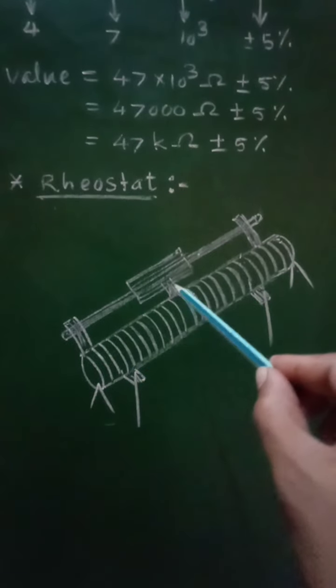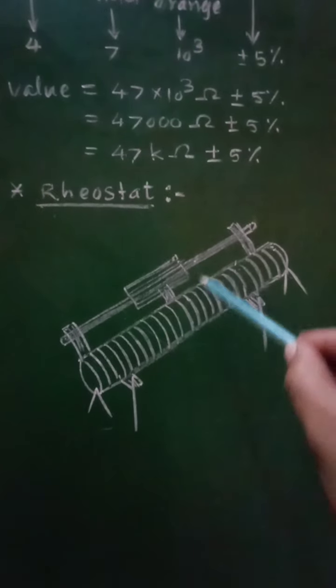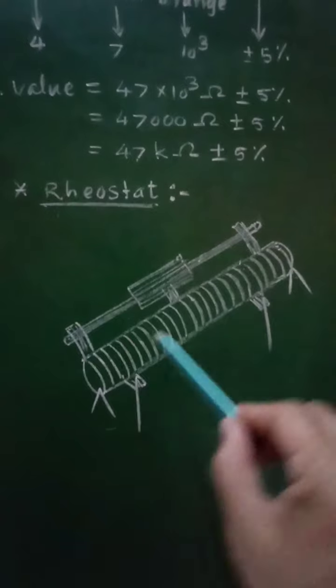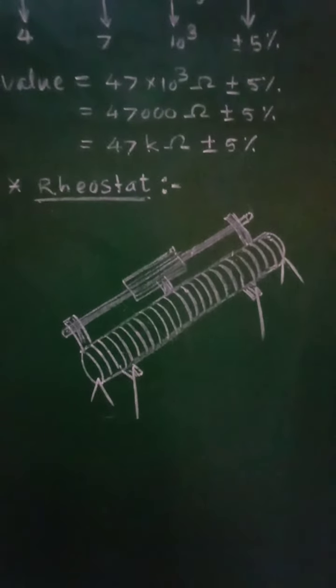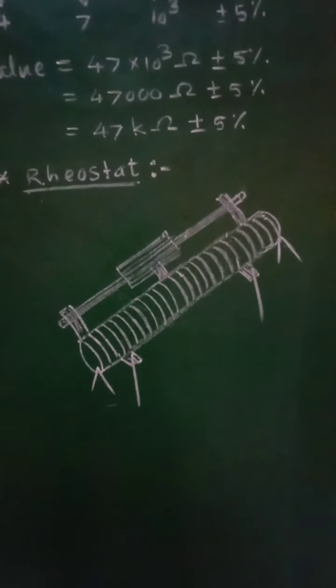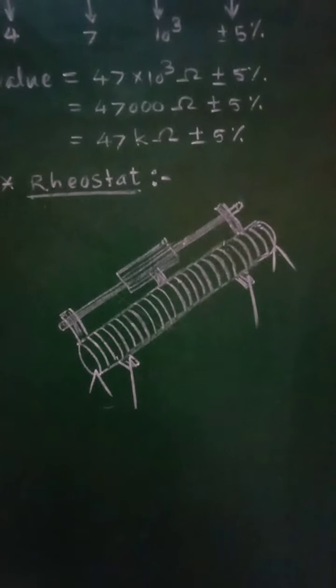Then above that there will be a slider. When this slider is moved to and fro, the resistance of this rheostat will be changed. So by sliding that slider, the resistance of the rheostat can be changed, either increased or decreased.